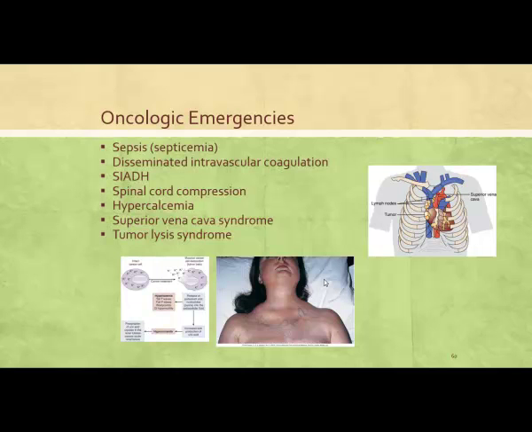So the treatment is hydration to dilute the high potassium levels and the high uric acid levels. We want to tell our patients to drink about 3,000 milliliters of fluids several days before and after their chemo. Tell them to utilize those antiemetics. We don't want them to be dehydrated.